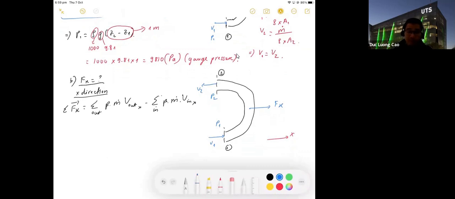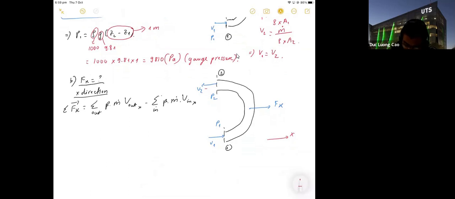Because here we have station 1 and station 2. We have P1 and P2. So we will have the force F2 and the force F1 from outside to the control volume. But F2 equal to P2 times A2 will be 0 because the pressure P2 is 0 pressure.